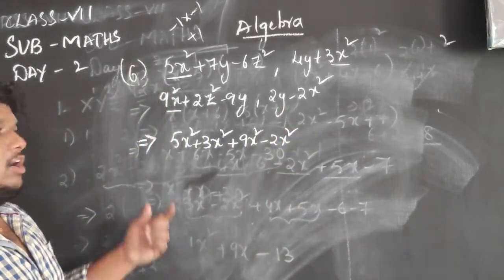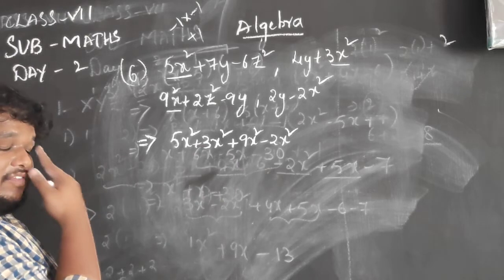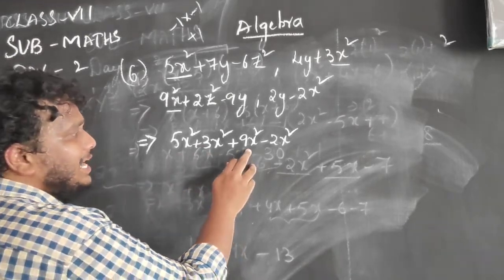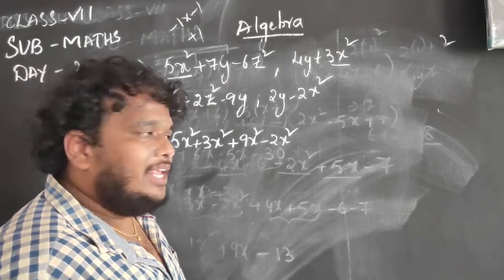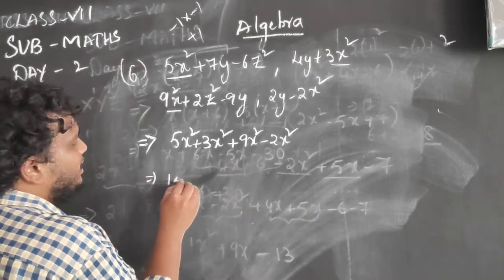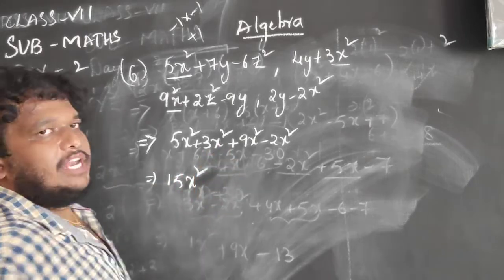First the x square family. 5 plus 3 is 8. 8 plus 9 is 17. 17 minus 2 will be 15. So you got 15x square.